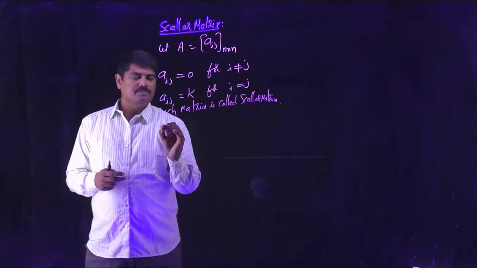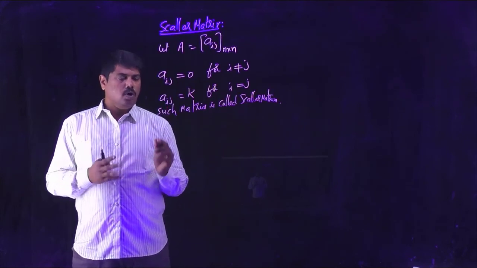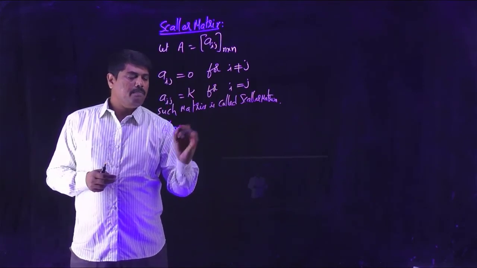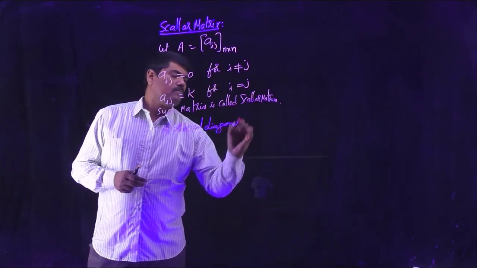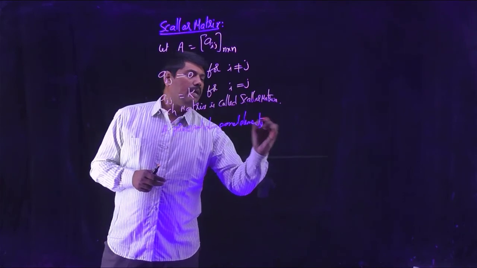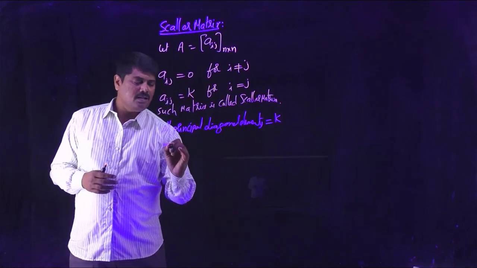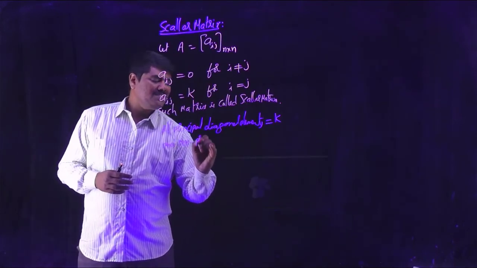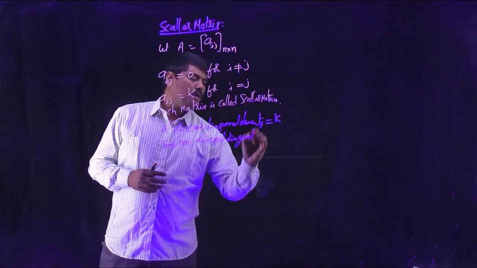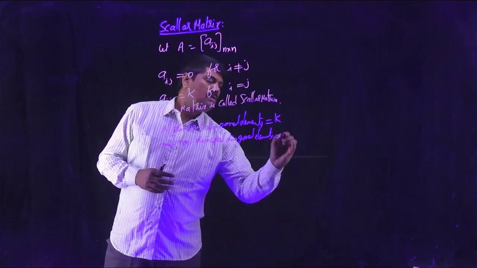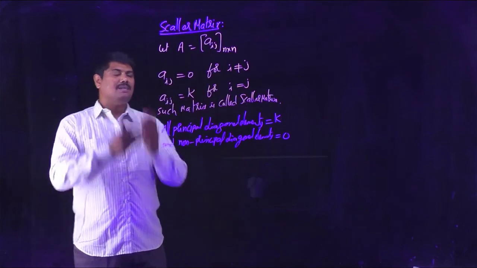So if you want to state the definition in words: all principal diagonal elements are equal to k, and non-principal diagonal elements are all equal to 0. Such a square matrix we call a scalar matrix.